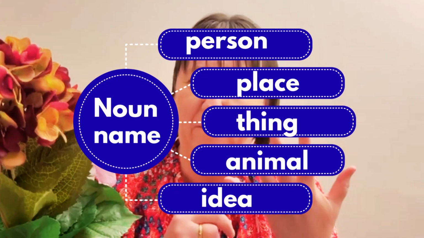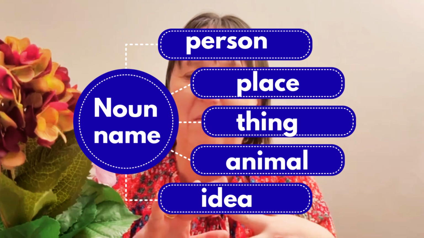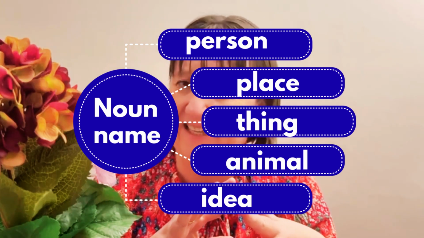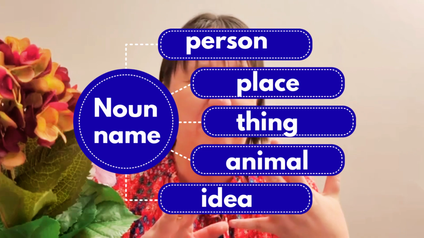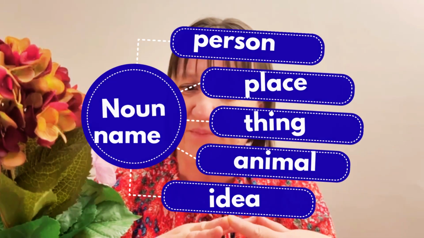Let's begin. What is a noun? A noun is a name. It names a person, a place, a thing, an animal, an idea. Again, a person, a place, a thing, an animal, an idea.